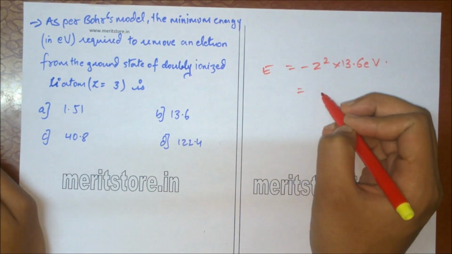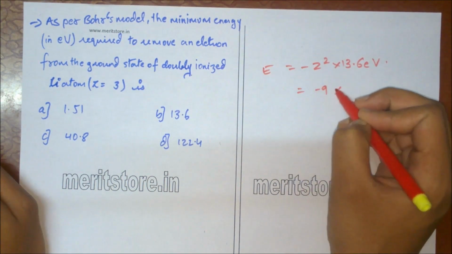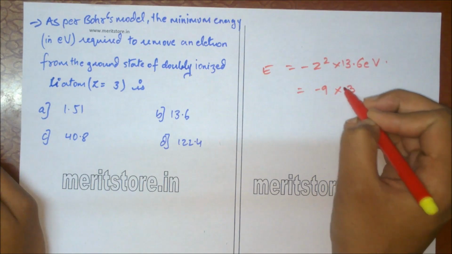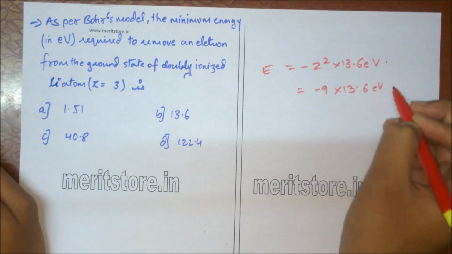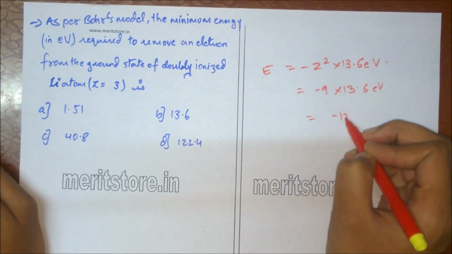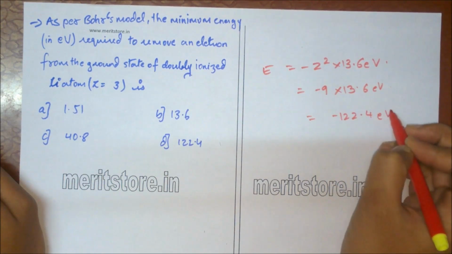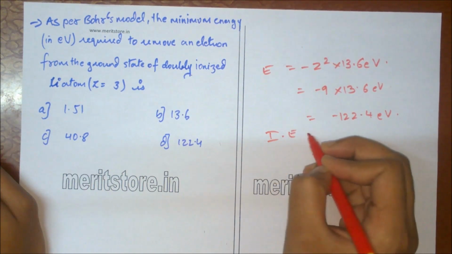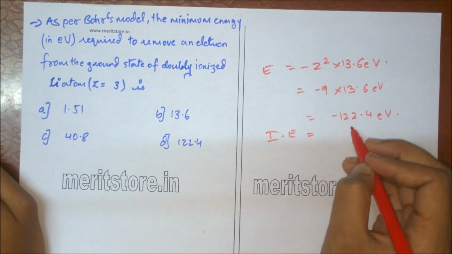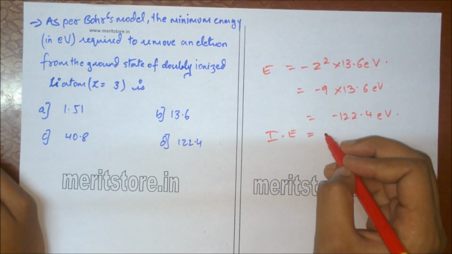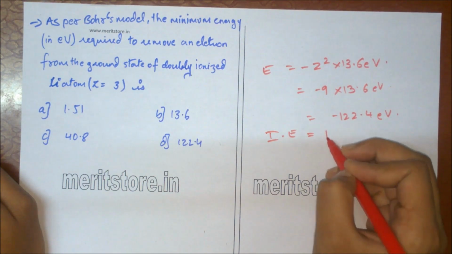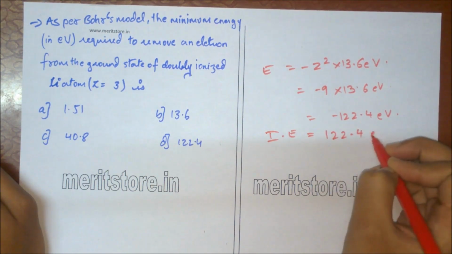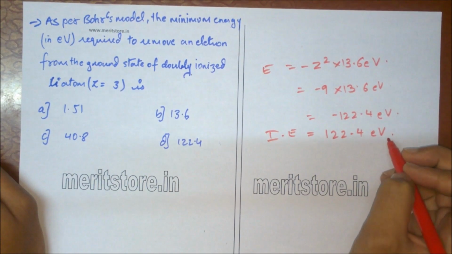So Z is 3, so we can write it as 9 into 13.6 eV. On solving, we get minus 122.4 eV. So ionization energy is opposite of the total energy. So 122.4 eV is the correct answer.